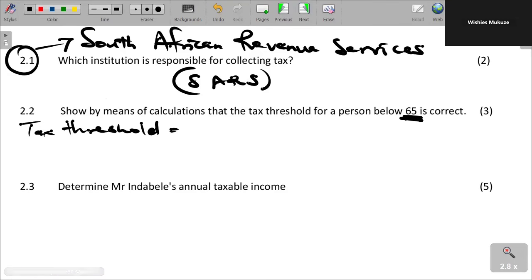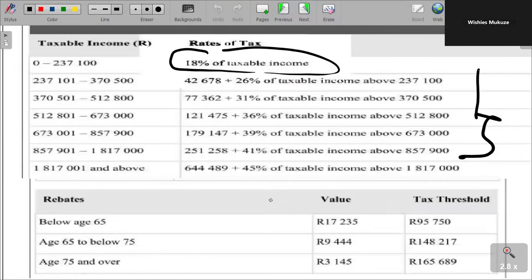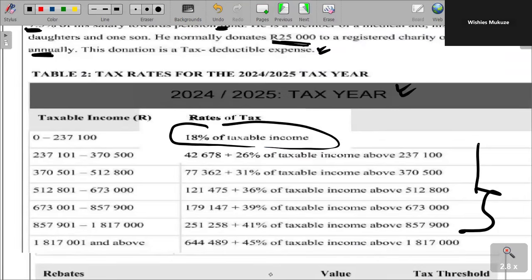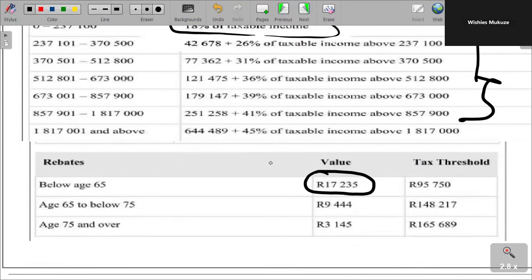In this case, we have to check on our table below: the tax threshold value of 17,235 is what we are given here. And in terms of this, the tax contribution here is 18%. So the tax threshold, therefore, is going to be what?